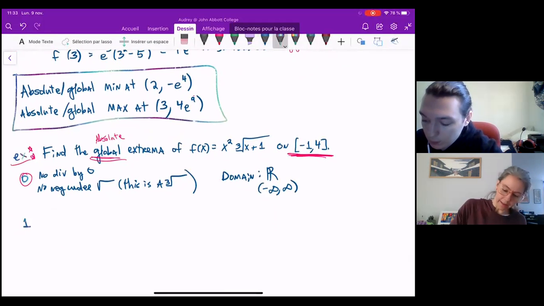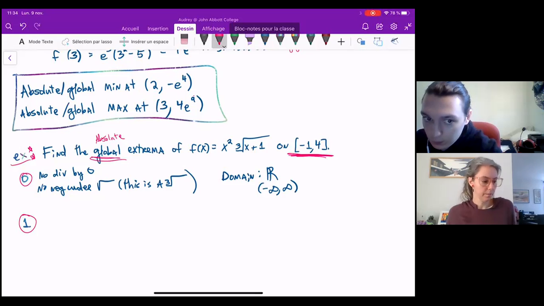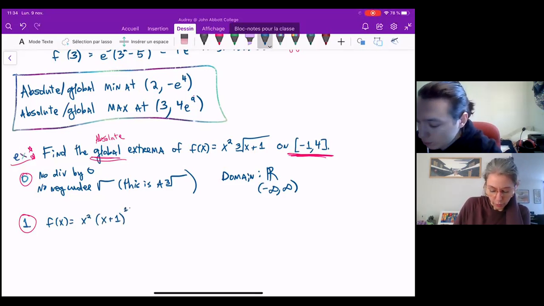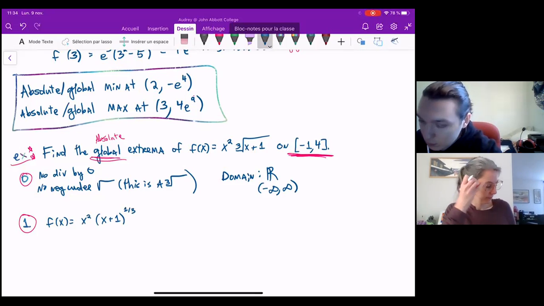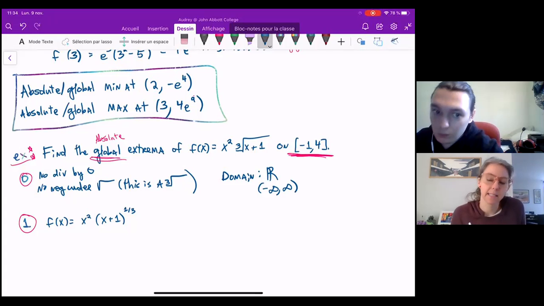So now we want to find our critical values. I'm just going to rewrite f of x as x squared times x plus 1 to the 1/3. What rule do I need to do this?